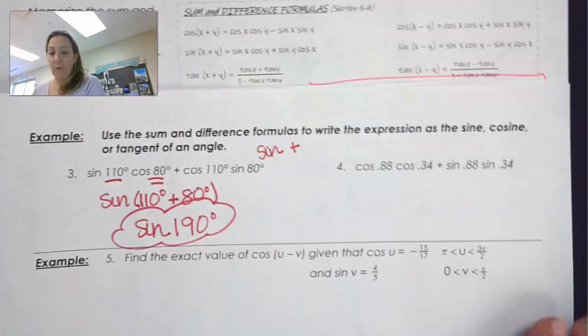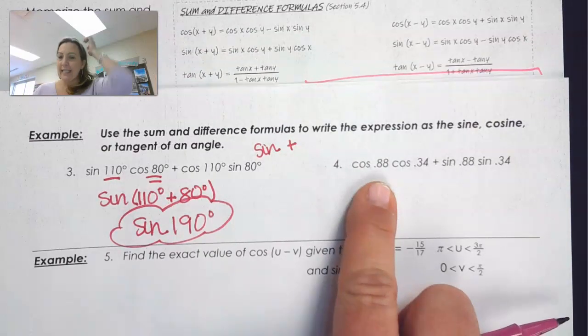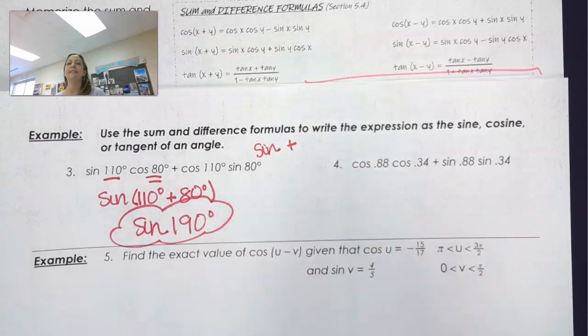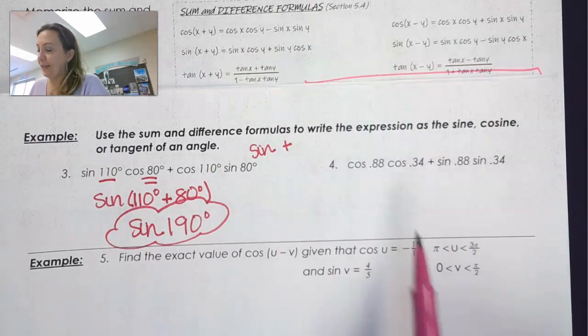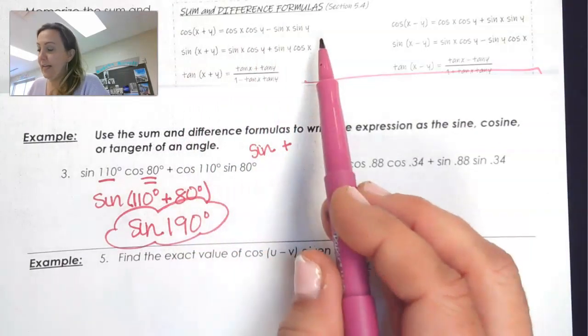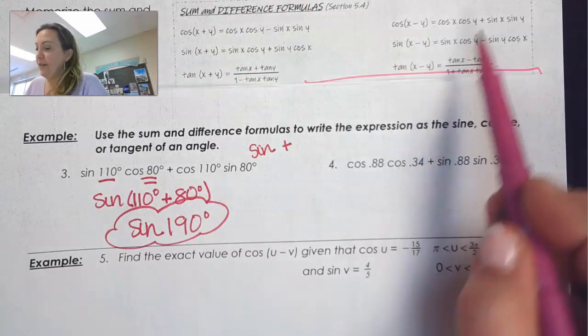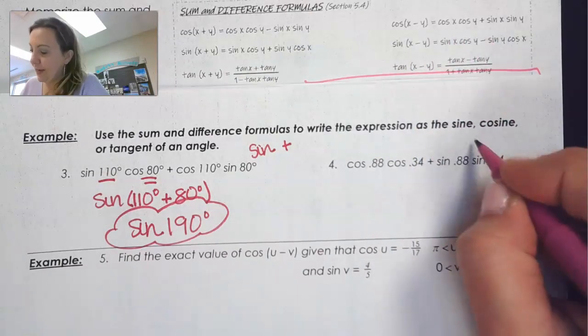Okay, in number 4, I have the cosine of 0.88 times the cosine of 0.34 plus the sine of 0.88 times the sine of 0.34. So I have cosine, cosine, sine, sine. What does that match with? Oh, well, that looks like it matches with the cosine formula. And because we're adding, notice that that matches with the cosine of the difference of x minus y.